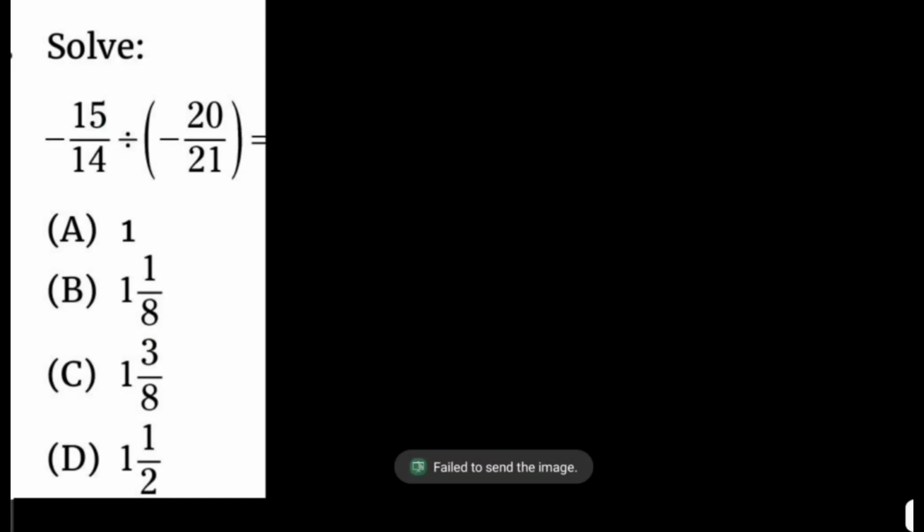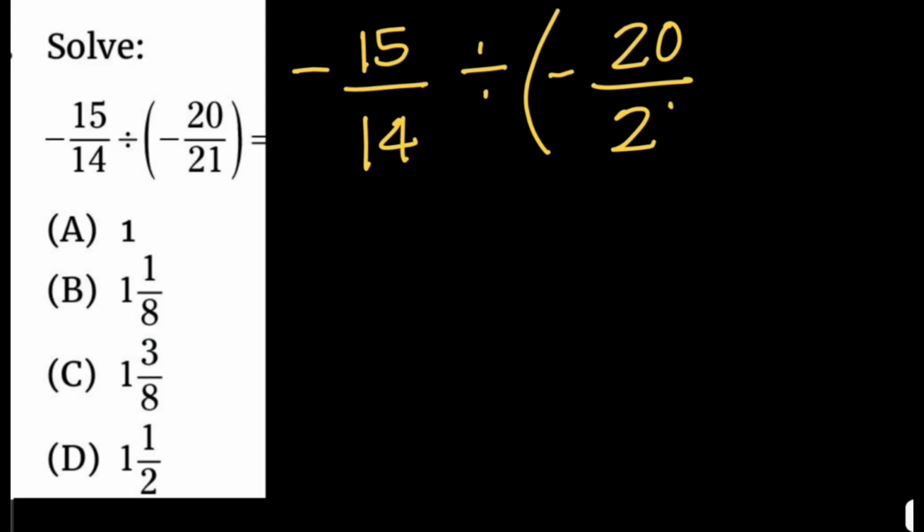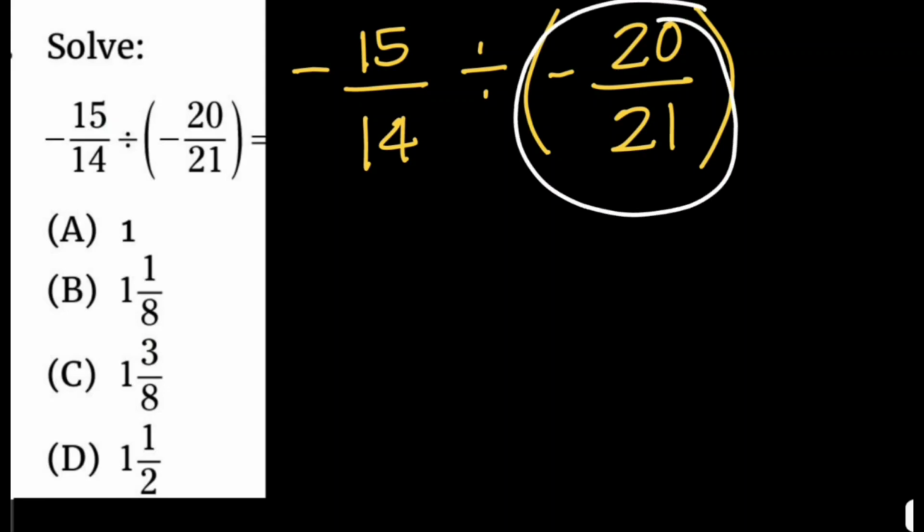Solve negative 15 over 14 divided by negative 20 over 21. So that is negative 15 over 14 divided by negative 20 over 21. Since this is division and the divisor is a fraction, we just have to flip it and change the operator sign into multiplication.